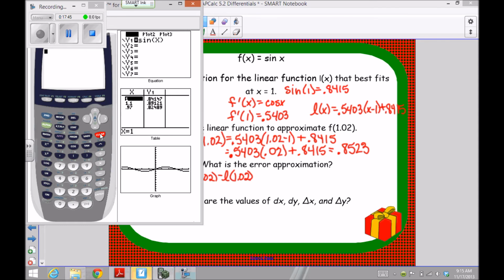I want to do sine at 1.02, close parentheses, minus my 0.85. Yeah, this is where I needed to have saved all those numbers. We're going to put in the 0.8523. Sorry, y'all. Where'd my parentheses go? I thought I put a parentheses in here. Sorry. Insert parentheses. Okay.